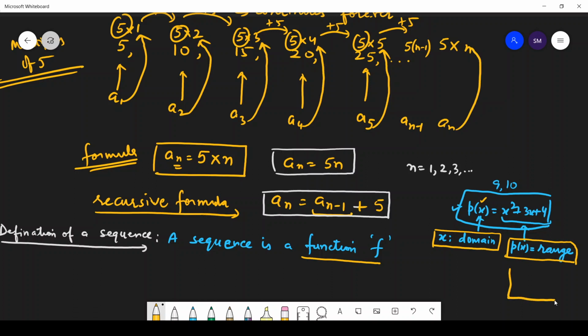Like we draw them on the graph, if you like to plot these points. So this is x, and this is y. So this y is nothing but p of x.